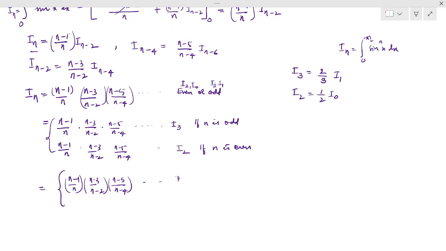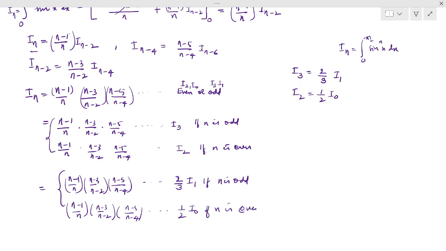I3 means we can write 2 by 3 times I1 if n is odd. If n is even, it ends with 1 by 2 times I0.